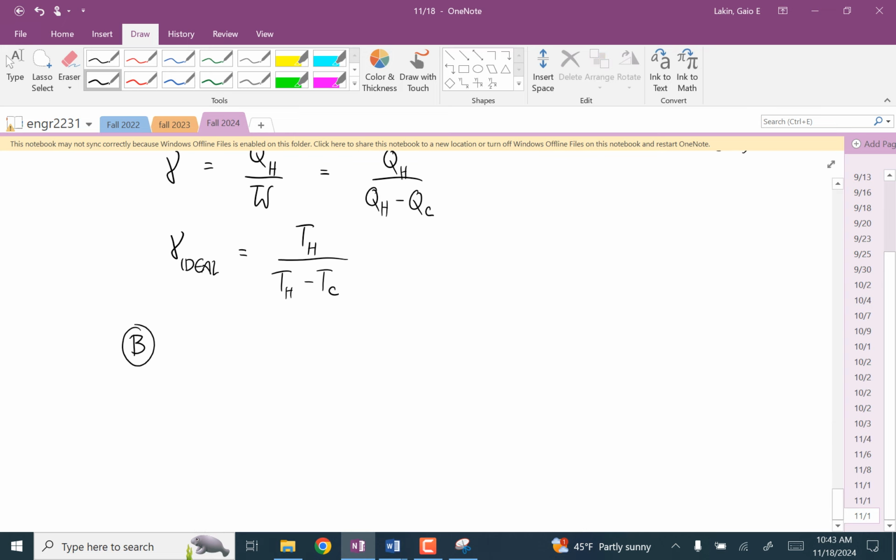Part B now is the entropy statement. And that's what we spend most of our time on.